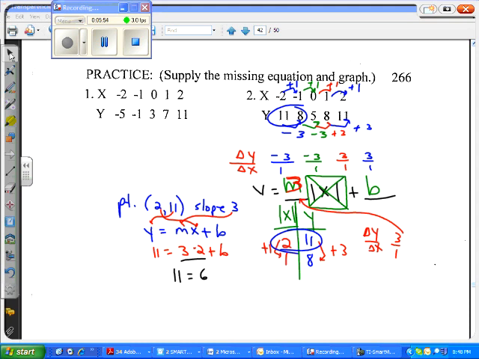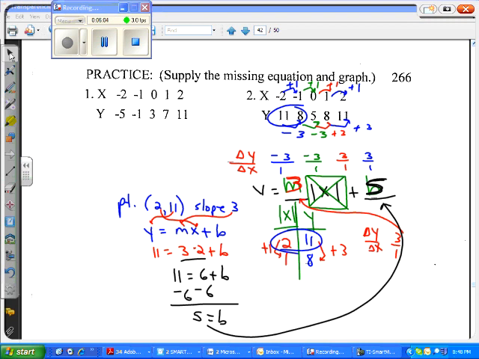And so we have 11 is equal to 6 plus b. Subtract 6, and we get b is equal to 5. And so that goes in the b position. So that tells me that my equation is y equals 3 absolute value x plus 5.